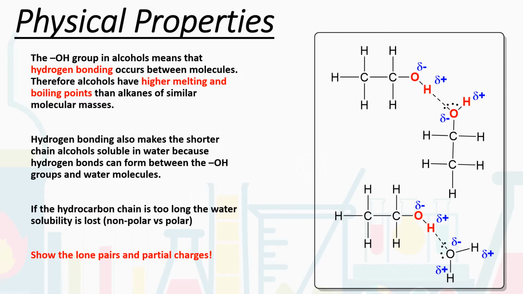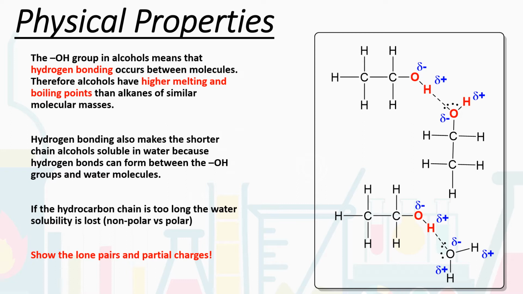So in terms of physical properties, the OH group in alcohols means that we have hydrogen bonding occurring between molecules. So not only do we have van der Waals forces that interact between all molecules, we also have dipole-dipole forces in operation because we have polar C-O and O-H bonds. The C is delta positive, the O delta negative, the H delta positive due to the electronegativity of oxygen.